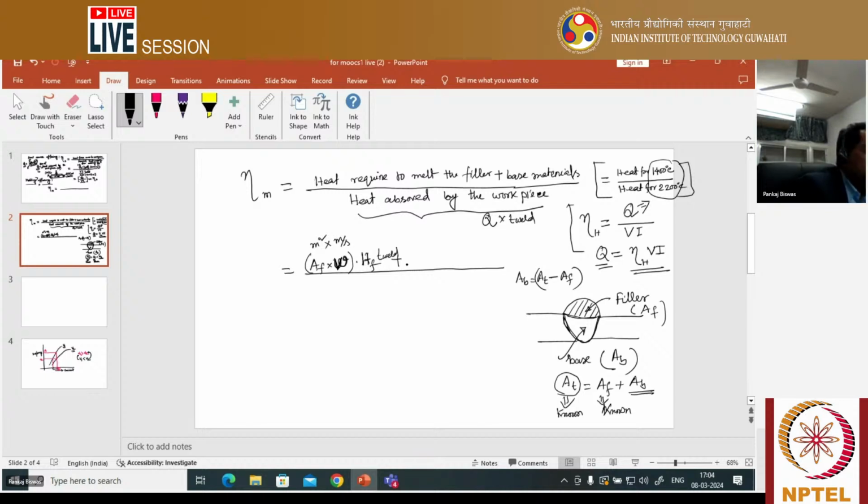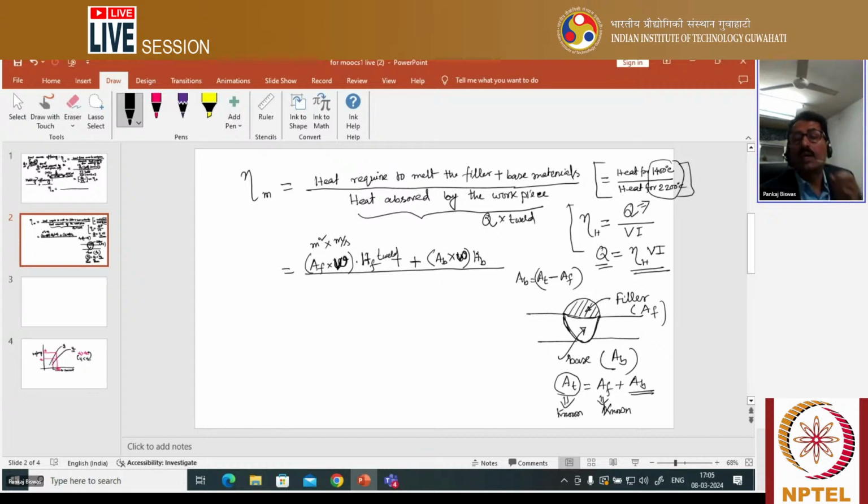Similarly, plus the base material cross sectional area into the velocity of welding. This will give you the volume of base material which is melting. With this, if we multiply HB, what is HB?